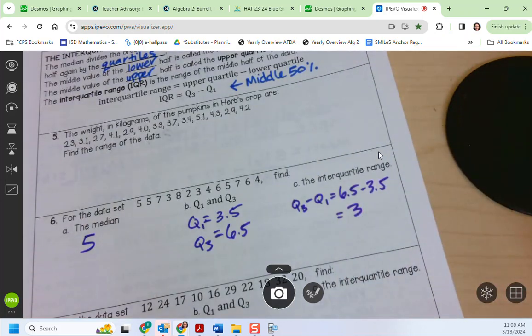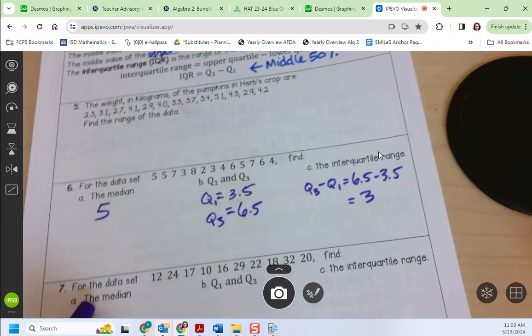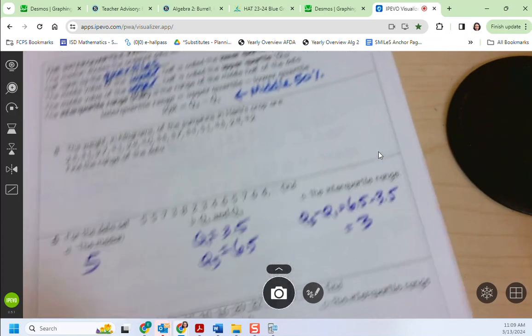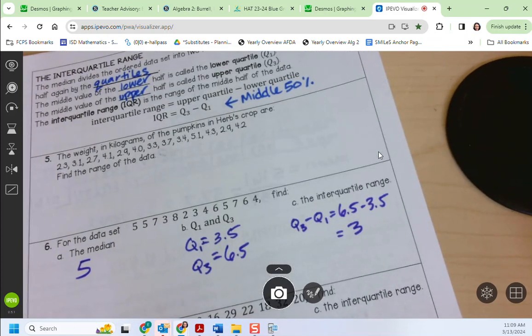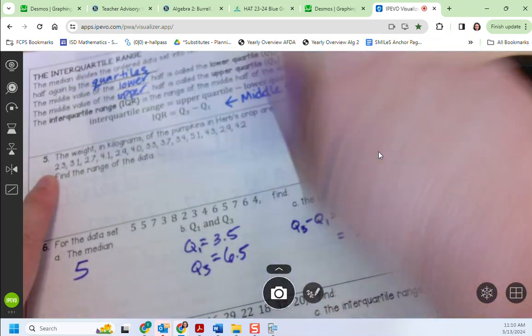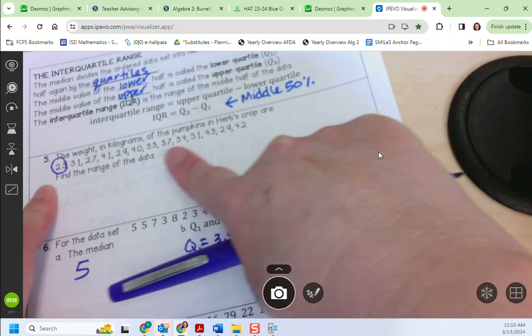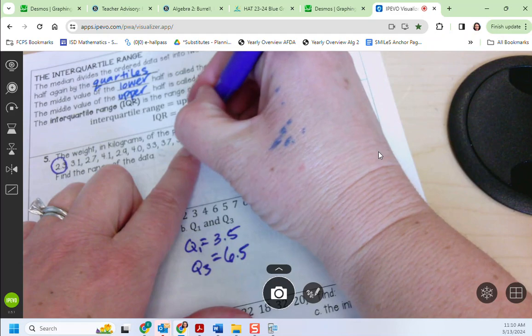Okay. 7 is pretty much the same thing. I'll give you a chance to do 7 in a minute. But let's look at 5. We probably don't need to enter everything in the calculator to find 5, right? What's the smallest number on the list? 2.3? I agree. And the biggest number? 5.1.